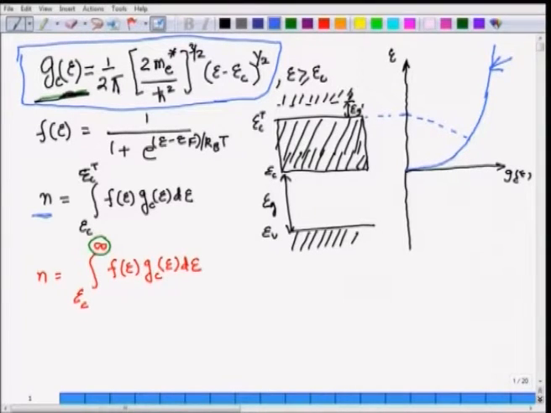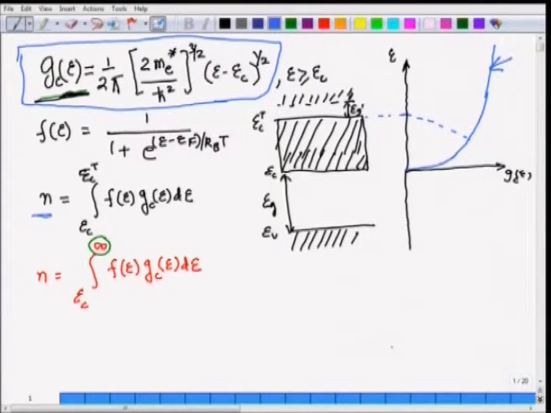How can I do that when the actual density of states goes something like this and then reduces like this? This is the first point I will have to answer graphically. I am stating to you that it will be all right if I use this expression in this integration, yet I will get the correct value of n. That is one point I have to prove to you when I do graphical integration.